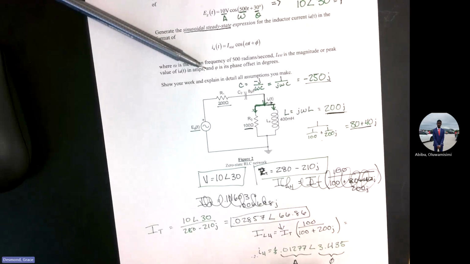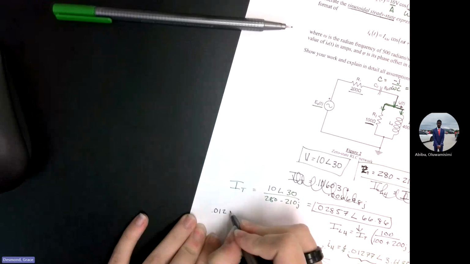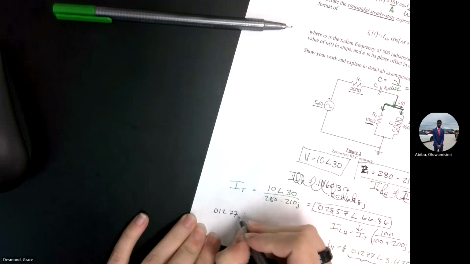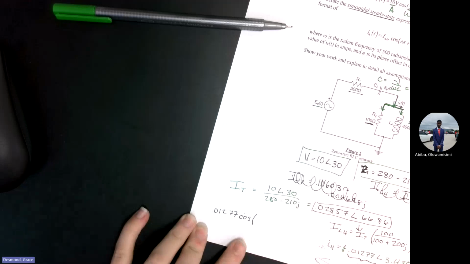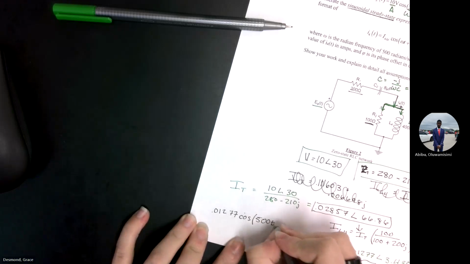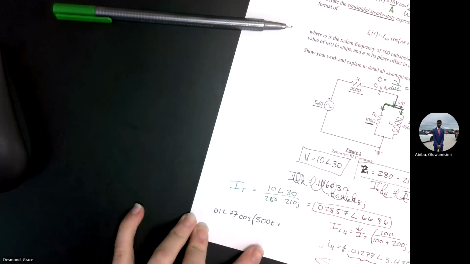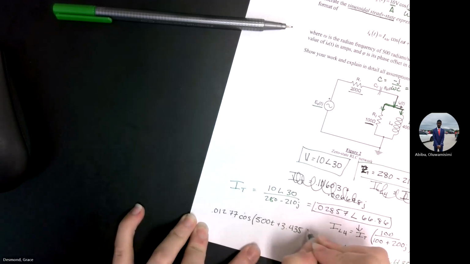So we're going to say that it is 0.01277 cosine of 500T, like I said, never changes, plus 3.435. That is our answer.